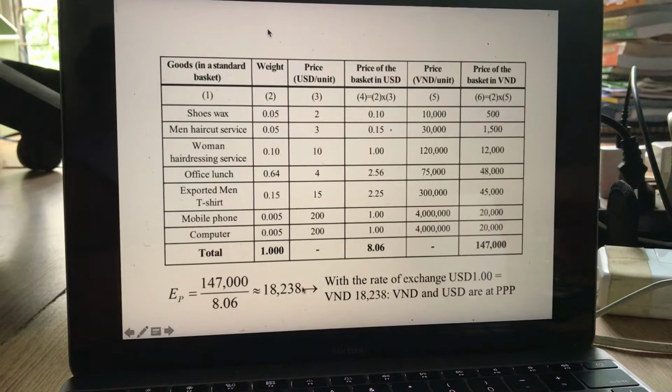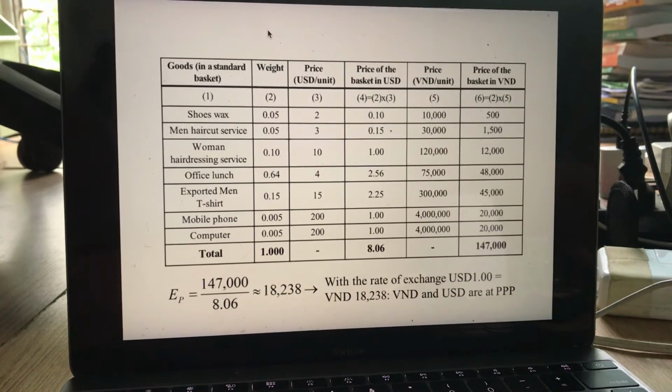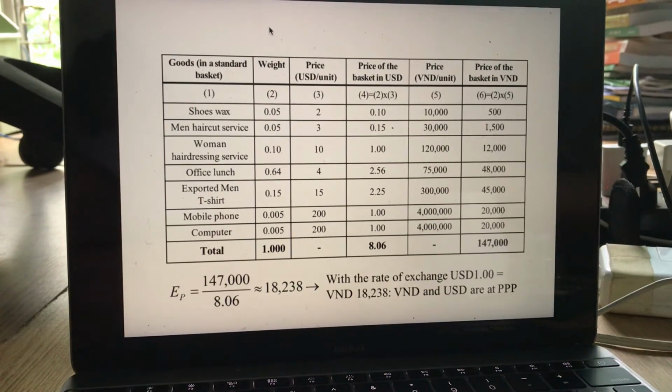In reality, when the commercial bank sets the exchange rate, they should refer to the purchasing power parity. At a point in time, you may observe the exchange rate quoted by the commercial bank fluctuating around the purchasing power parity, but that just captures the short run.